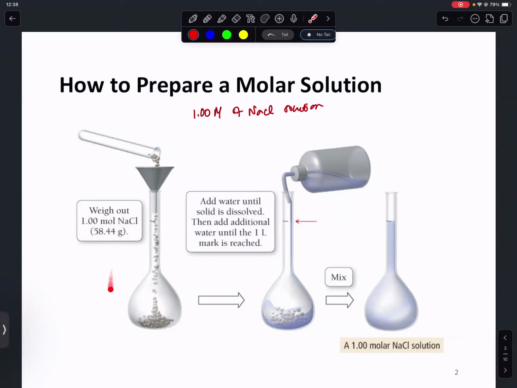Then we have this volumetric flask, which is about 1 liter, and we are going to add the sodium chloride to it. Then we add water to the solid and dissolve the sodium chloride up to this etched mark.